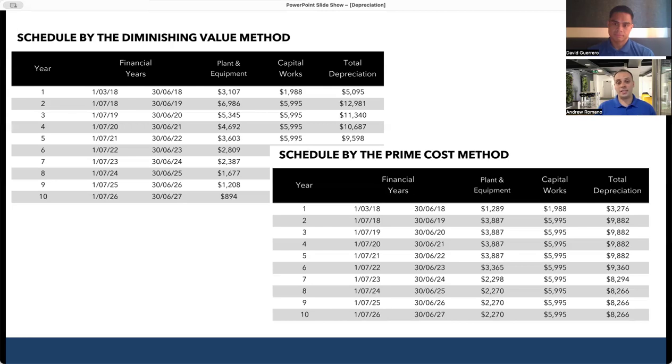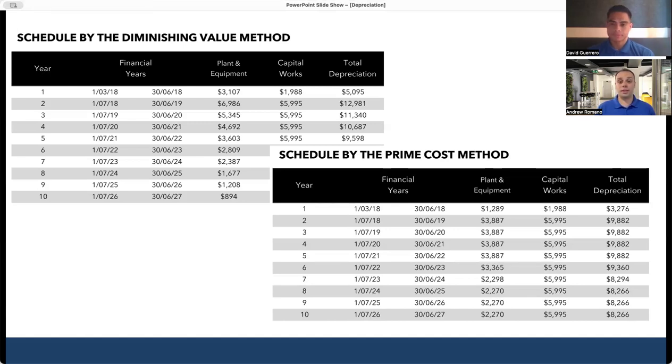Because the way that depreciation is calculated, it's the total charge times your tax rate. So if you've got a 12,981 depreciation charge, and your tax rate is 32%, then the effective refund is going to be 32% from a tax perspective.